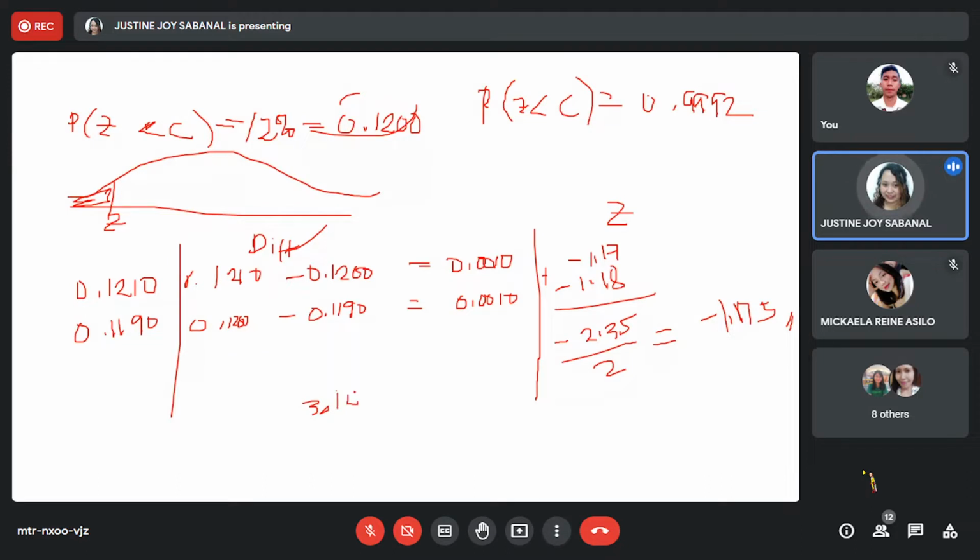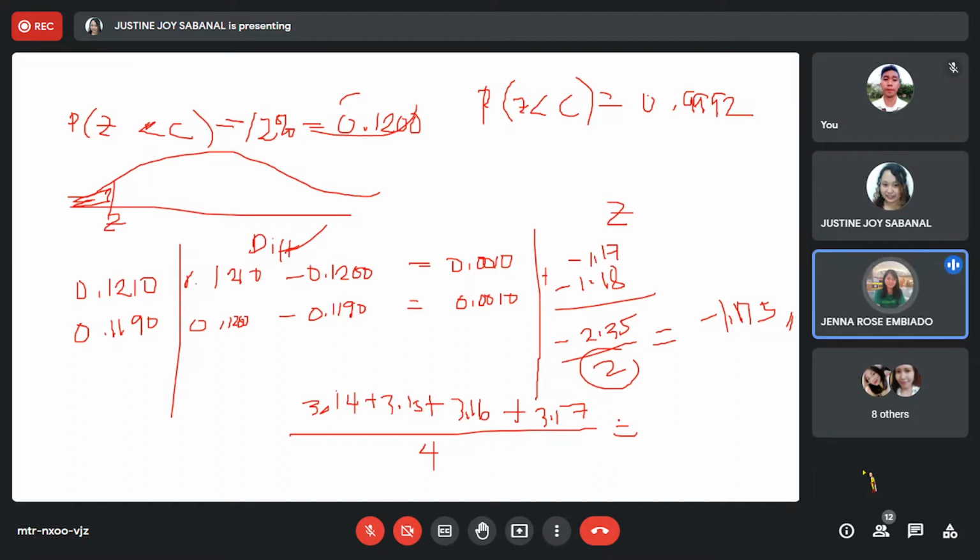So, 3.14 plus 3.15 plus 3.16 plus 3.17. So, ngayon, ang data na kino-consider natin ay 4 na. So, hindi pala laging 2 yung nagiging divisor natin. So, nakadepende yan kung ano yung na-identify ninyo na mga value. So, ano po yung sum? 12.62 po.